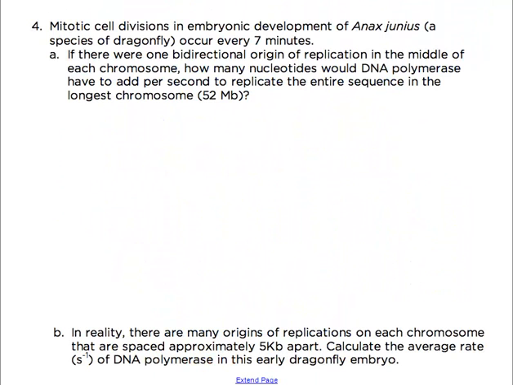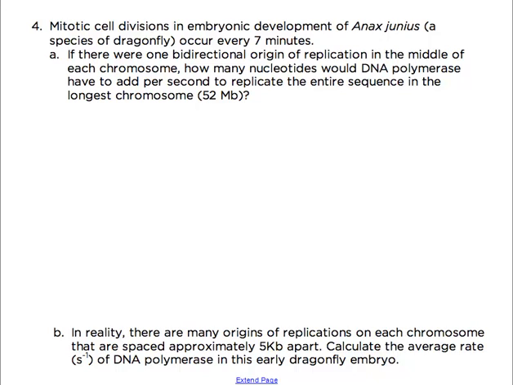Problem 4. Mitotic cell divisions and embryonic development of Anax junius, a species of dragonfly, occur every 7 minutes. If there were one bidirectional origin of replication in the middle of each chromosome, how many nucleotides would DNA polymerase have to add per second to replicate the entire sequence in the longest chromosome, which is 52 megabases long?